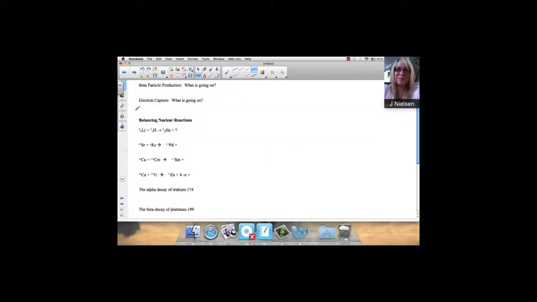Just a general overview. But I would like you to understand in beta particle production what's going on. This is something that's relatively new to you guys. So you have a neutron that turns into a proton and in the process emits an electron. So you have 1, 0, N turning into a proton and emitting an electron or a beta particle.